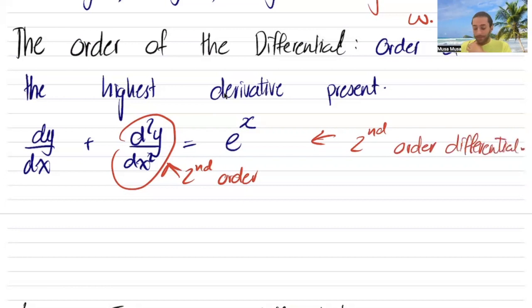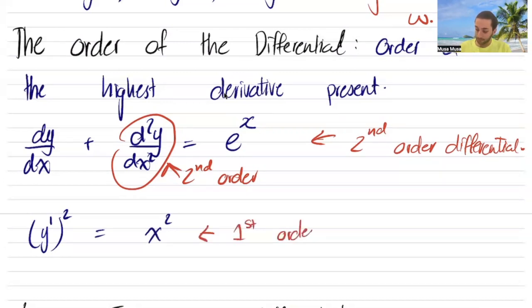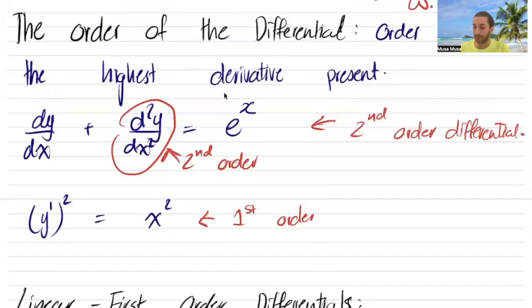Now, keep in mind, just because you have something like y dash squared equals x squared, this doesn't make it a second order differential. Because it's still just the first derivative, this is still first order. You definitely have to keep that in mind. What's another example?